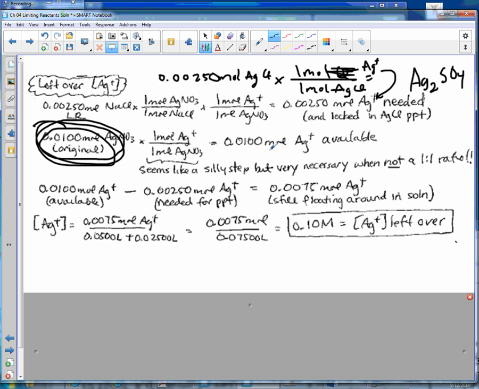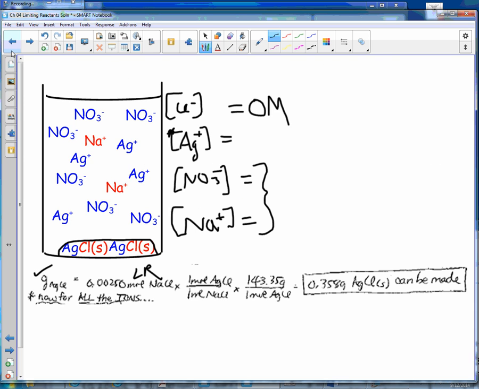So you take these two numbers and subtract the silver ions locked in the precipitate from the available silver ions. That difference is the amount of silver ions floating around in solution. If I go back to my picture, that would be these guys right here, aqueous.